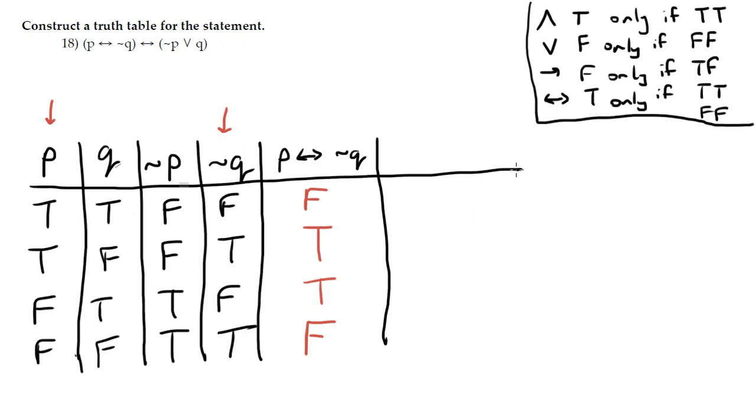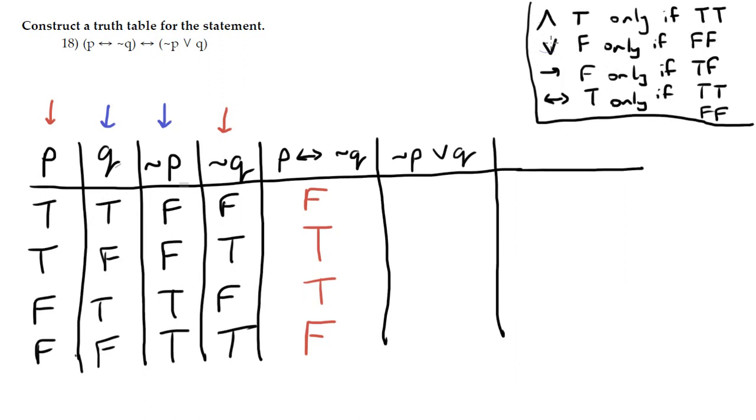Now I have another compound statement, not P or Q. That compound statement is going to be built by not P and Q. Now, the disjunction is false only if I have two false statements.